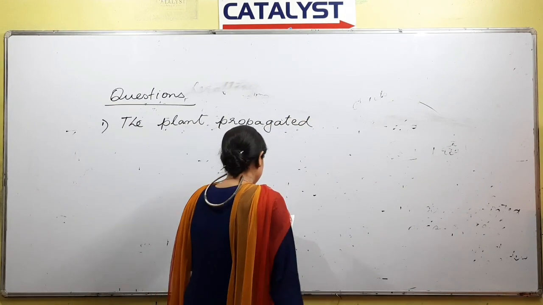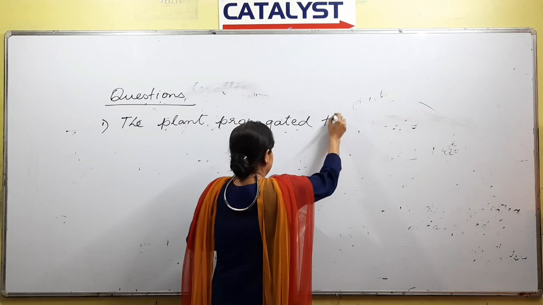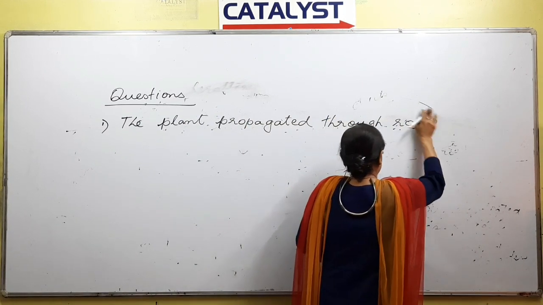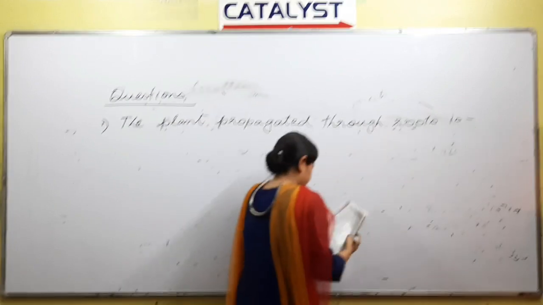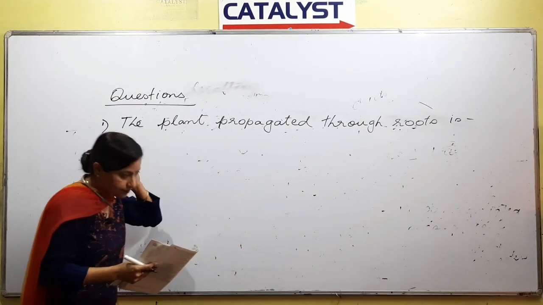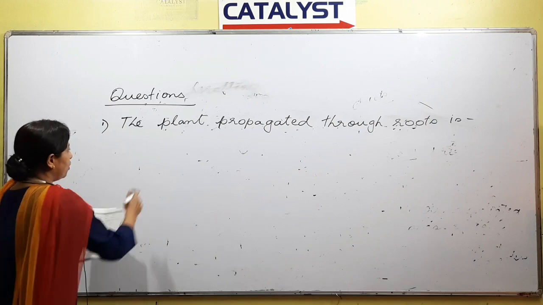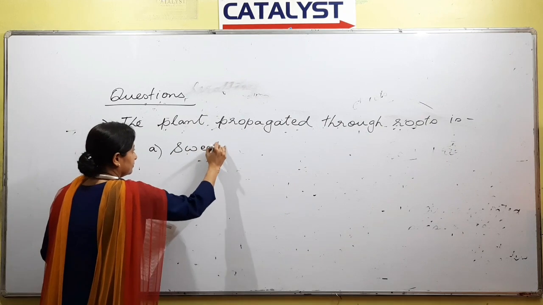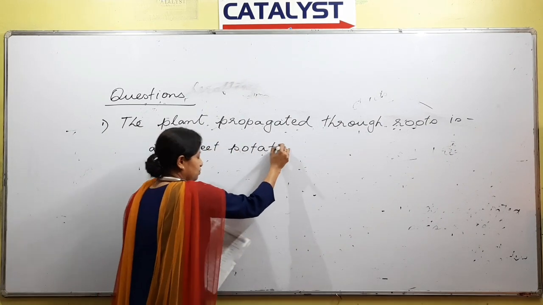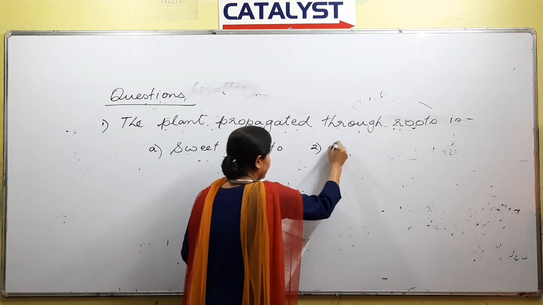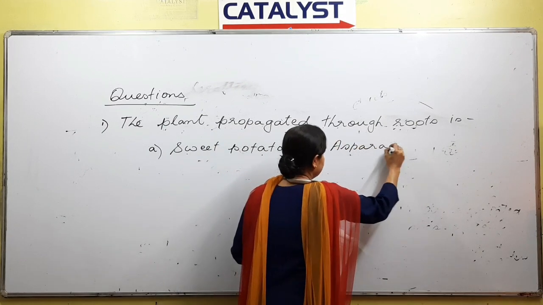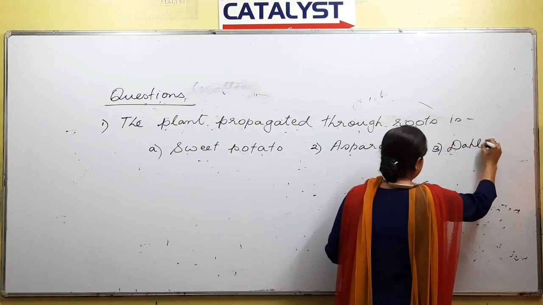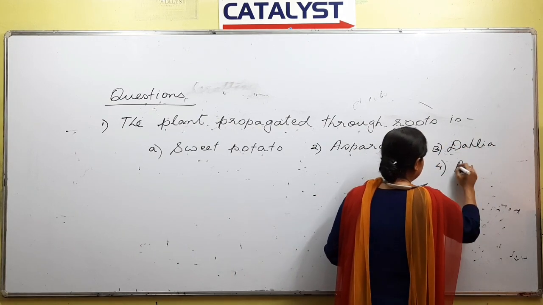The plant propagated through roots. And you have the options: sweet potato, asparagus, dahlia, and fourth, all.